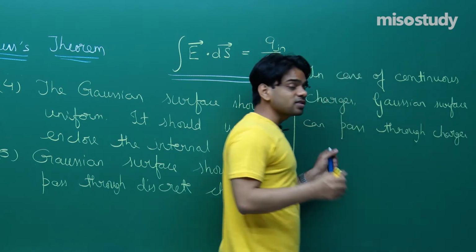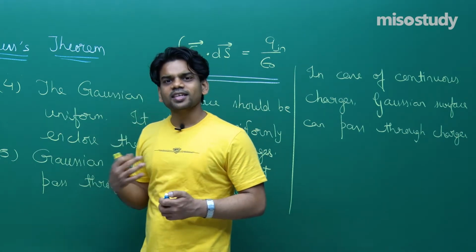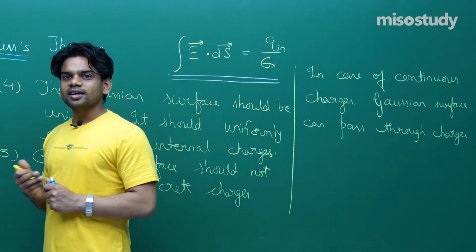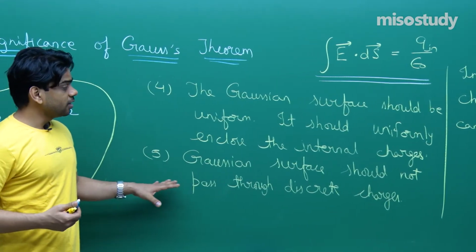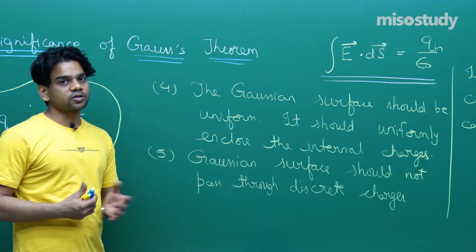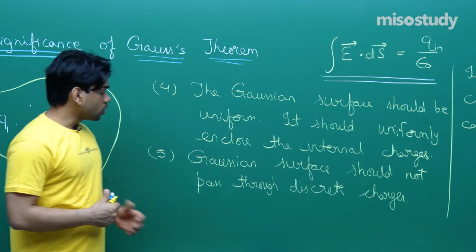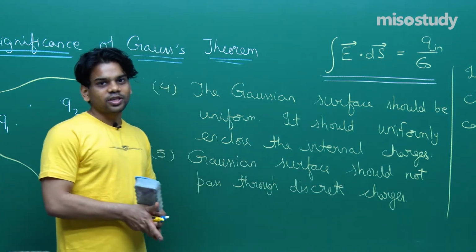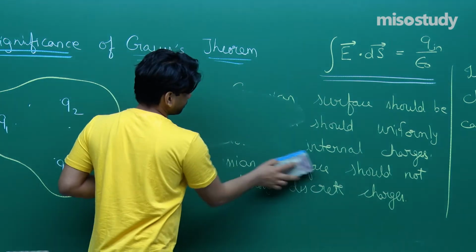Why is this so? Because the charge is actually distributed continuously within the object, and we will be seeing its application. Why can we not pass it in a discrete charge system? Because electric field cannot be given at any point charge, but in a continuous charge system we can let the Gaussian surface pass through the continuous distribution of charges. This was all about the precautions you need to take while drawing a Gaussian surface.